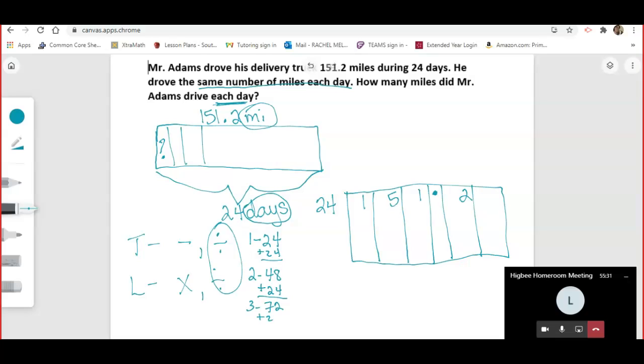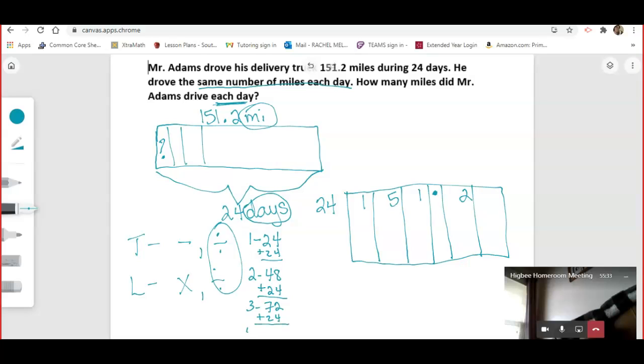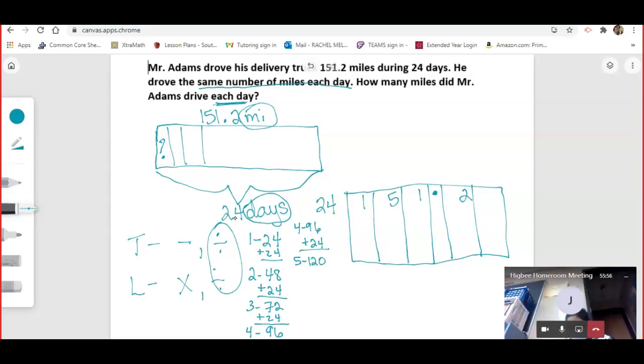If I add another 24, what do I get? 96. Very good, Jalissa. Now I'm going to rewrite that up here because I ran out of room. If I have 96 and I add 24, what do I have then? 120. And if I add another 24, what do I have? 144.